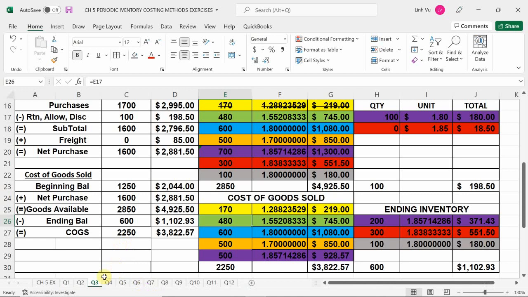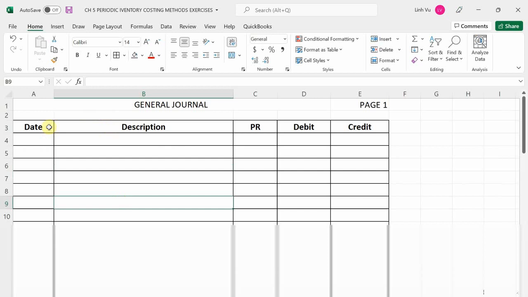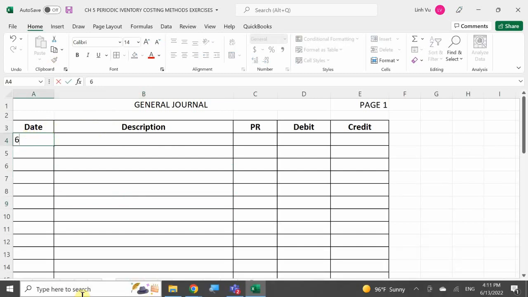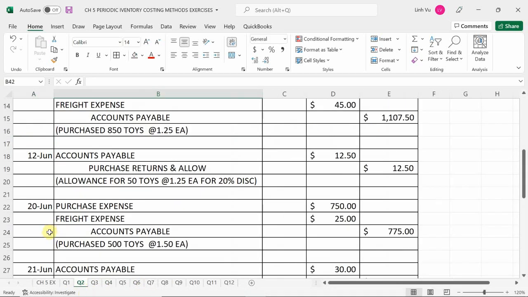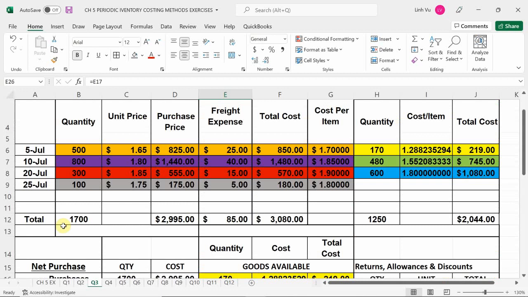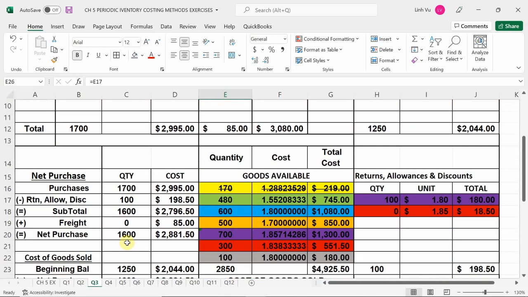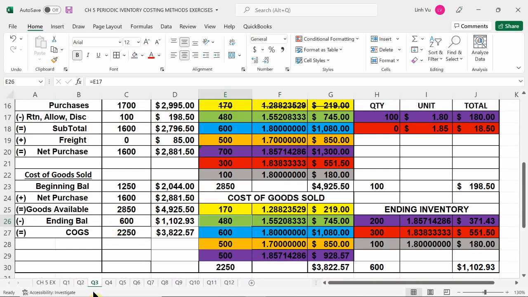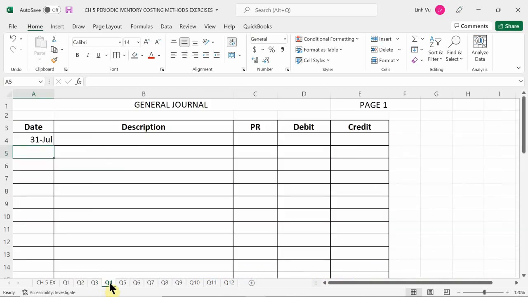So now I need to complete my conversion entry for question number 4 because I reached the end of the accounting period. So it's $7.31. We have a total of 600 units. So how do I journalize my conversion entry for July?